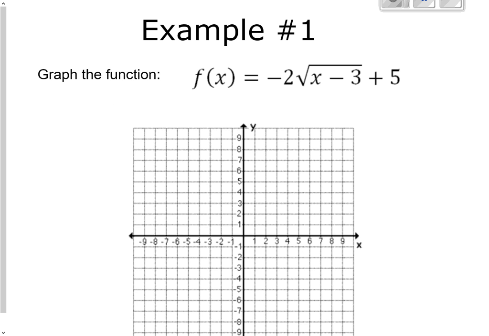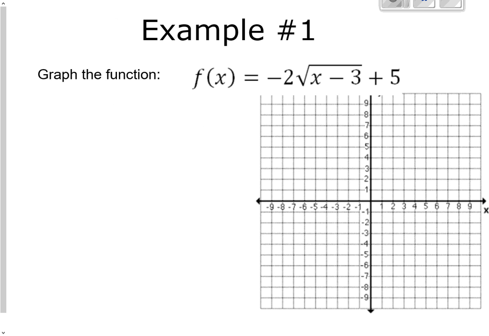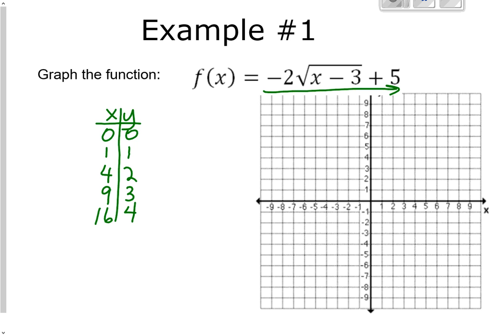Okay, so here we have, I'm just going to move my graph over. Here we have a whole bunch of transformations happening to the square root graph. So let's start with our base function of the square root graph. So x values 0, 1, 4, 9, 16, and y values 0, 1, 2, 3, and 4. Now again, we are going to read this from left to right, starting with the -2.